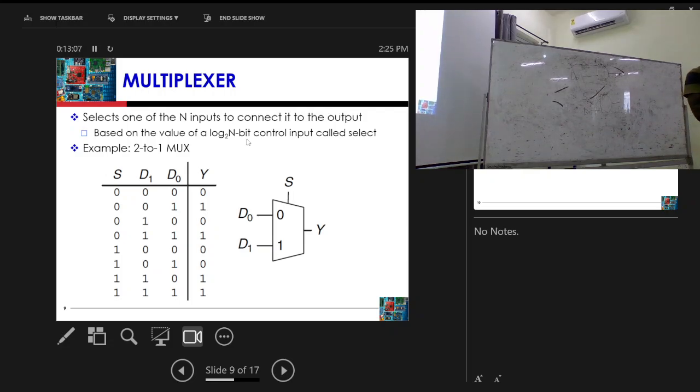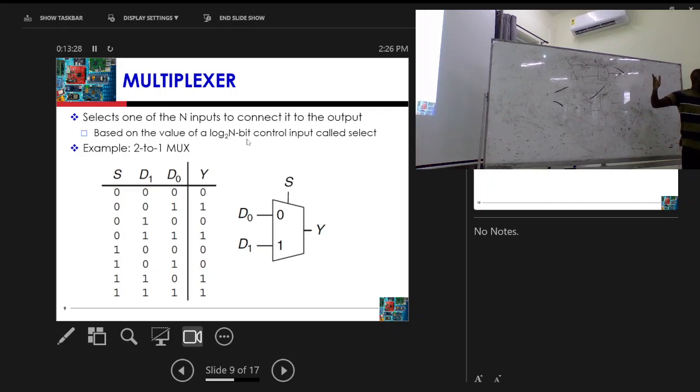So how do we combine these two to become one? Who knows? Which gate are you going to use? Now, we have done for D0, D1, and S. Now we need the output to be just one. But here we have two outputs, this one and this one. How do we combine the two to become one output?